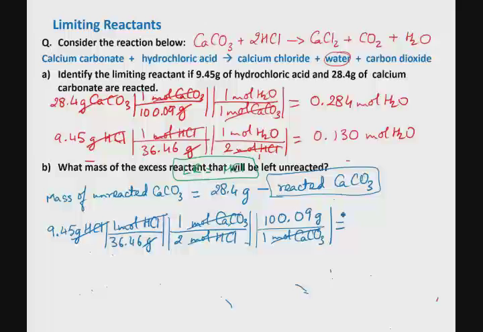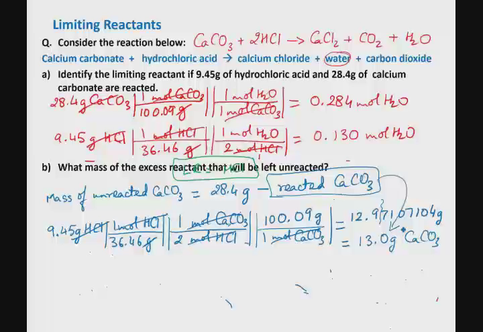that does react. Calculated answer gives us 12.9710710 grams, which rounded to three significant figures gives us 13.0 grams of calcium carbonate that does react.